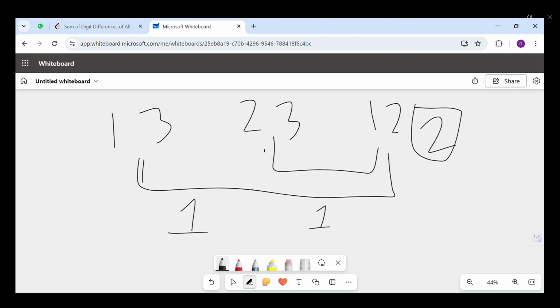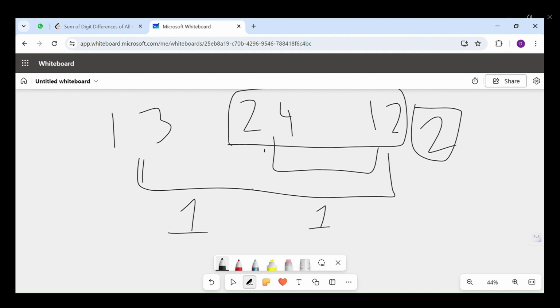Okay, so basically the idea is that we will calculate the digit difference for each place, for ones place, for tens place, for hundreds place, for thousands place, and we will sum up all of those digit differences, and that would be the answer for that current value. Now if it is 24 and 12, then the digit difference for the ones place will still be 1.